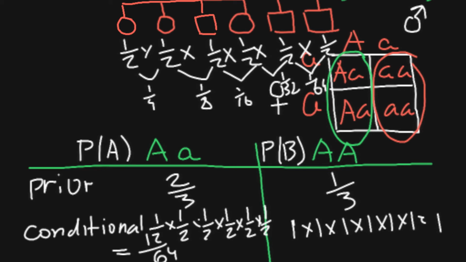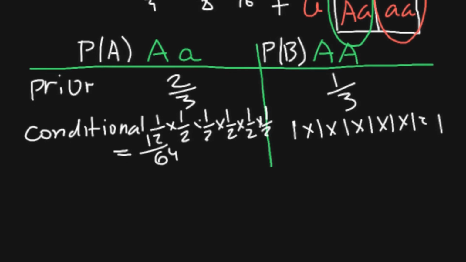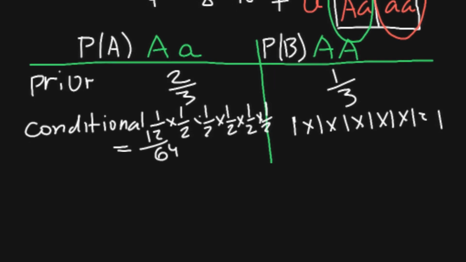And next line in our table is going to be joint probabilities. So joint probabilities of the prior probability and new probability that we have found.